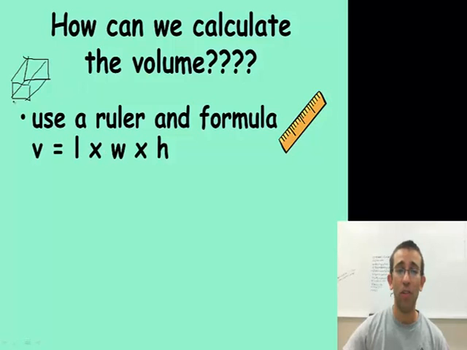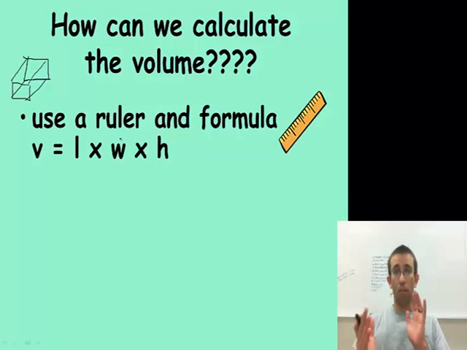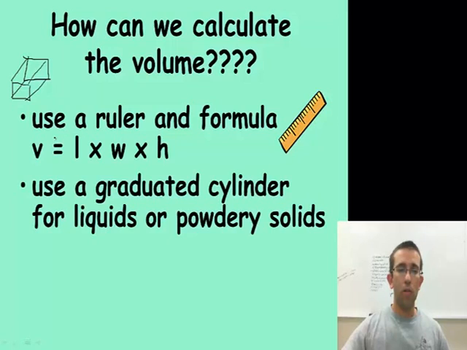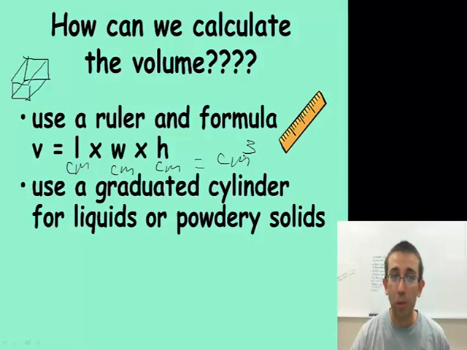That's the volume of a cube, or a box. So if you have something that's box-like, you're going to take a ruler, length times width times height. Length will be in centimeters, width in centimeters, height in centimeters, and when you multiply them all together, guess what you get? Centimeters cubed. So that's where the centimeters cubed comes from.